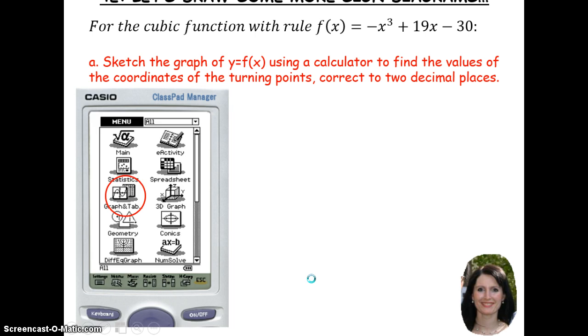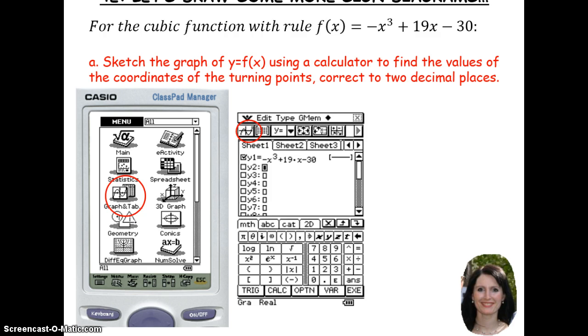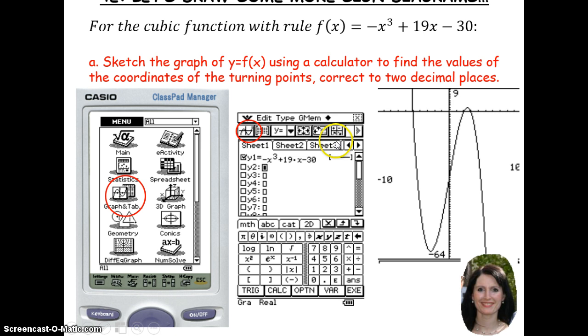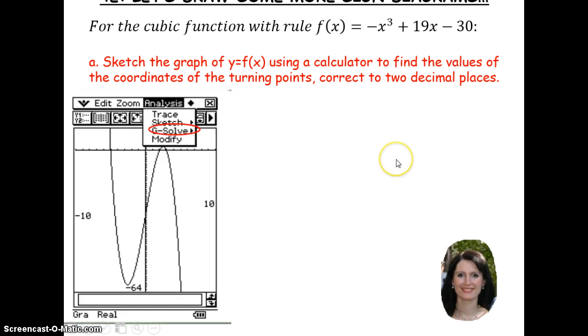Let's have a look on the calculator. In the graphs and tables area, we type in our equation. We press the graph symbol there, and we end up with something like that. Now, in order to find the coordinates of the turning points, we go to G-Solve.